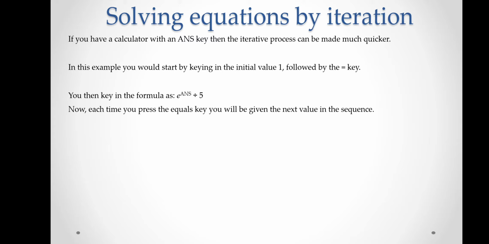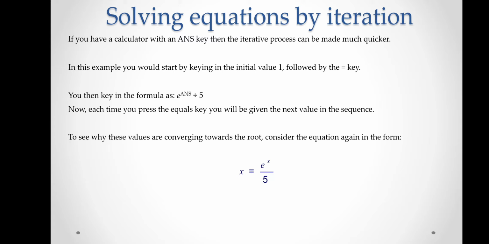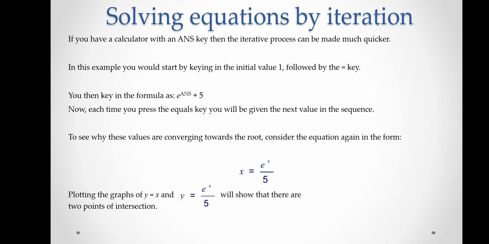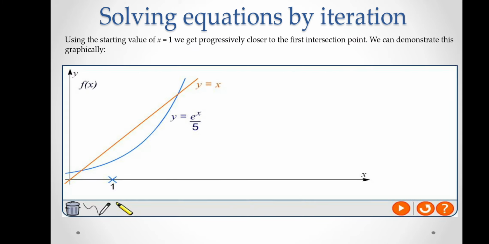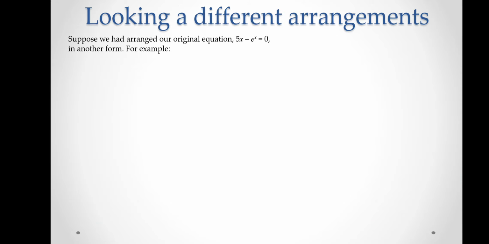In your calculator, using that answer key, you can easily find these values of x1, x2, x3, x4, x5, like that. Now earlier we made x the subject by dividing by 5 to the other side, or else now you can make it the subject like this also: e to the power x equals 5x, then x equals ln 5x.